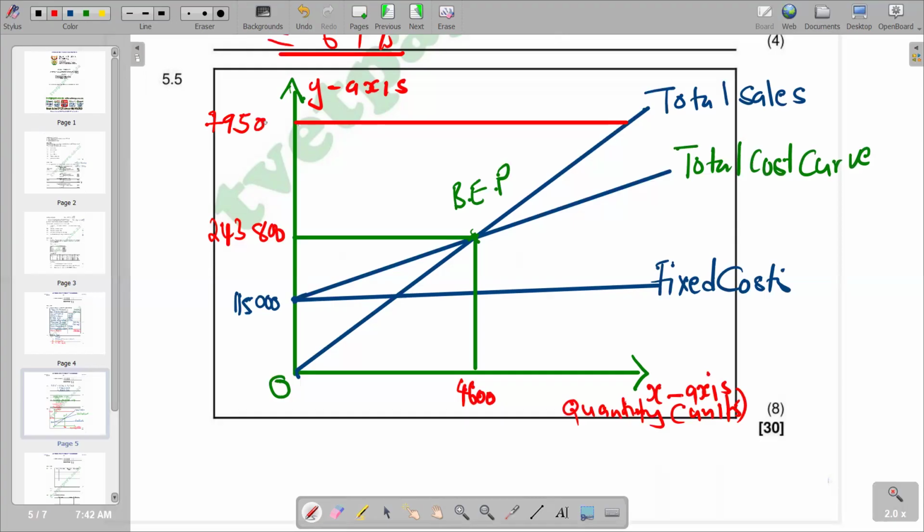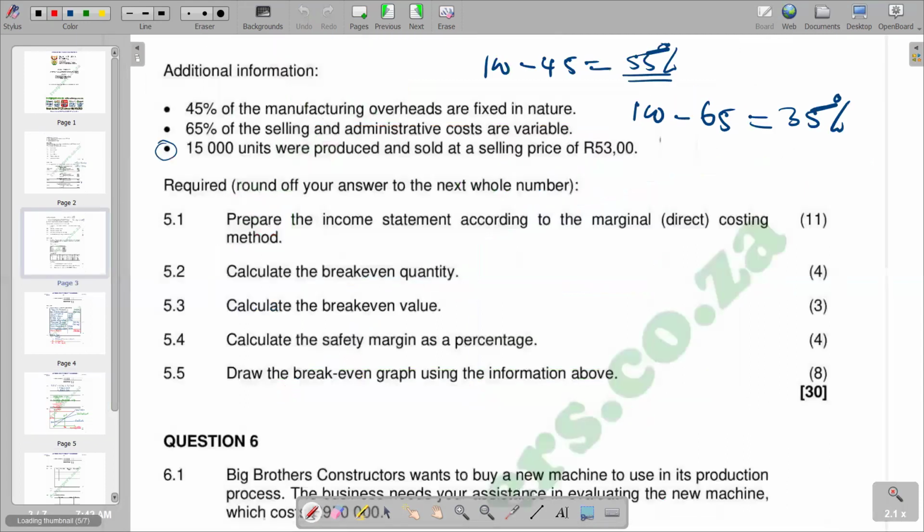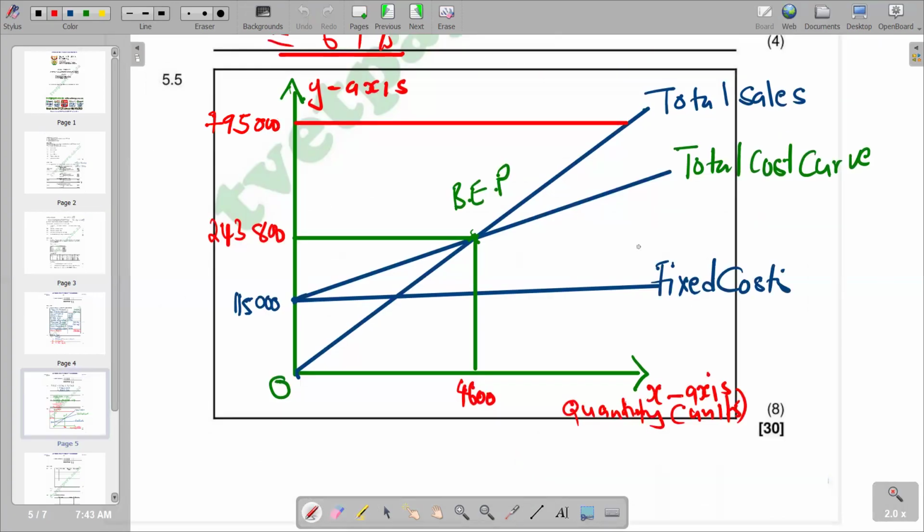And we can only achieve these sales when we have sold all the quantity that we have produced, which is 15,000. So on the horizontal axis again, we are going to have our 15,000. So here the quantity that we have is 15,000.